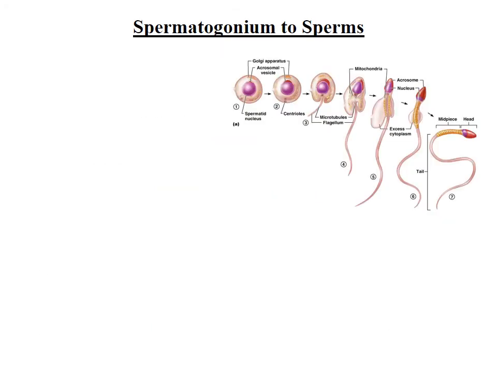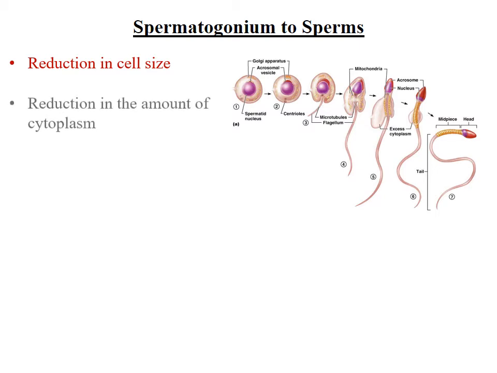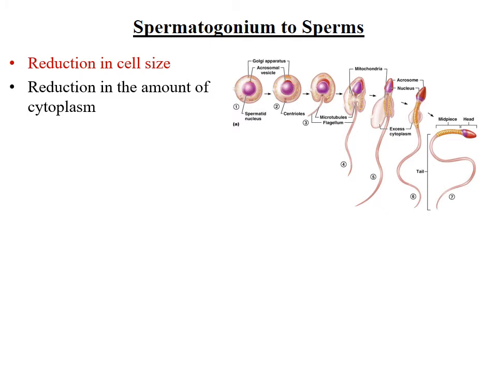Let us now look into various features seen during spermatogenesis. You will see that there is a reduction in the cell size. The cell size is totally reduced when it becomes mature. There is also a reduction in the amount of cytoplasm from the spermatogonial cells.